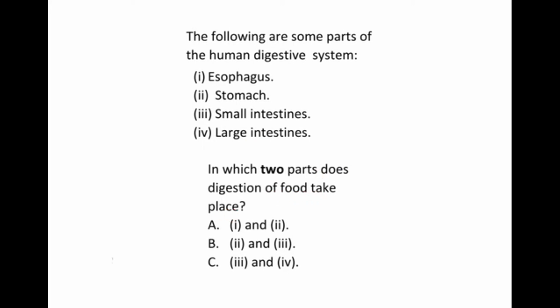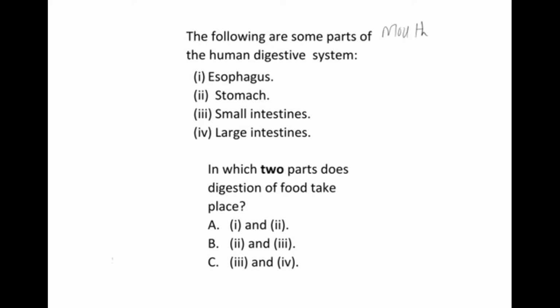So we need to know the parts of the digestive system where digestion of food takes place. When you look at the digestive system, it's made up of several parts, and each part has its own function. But there are only 3 parts where the digestion of food takes place, and these parts include the mouth.